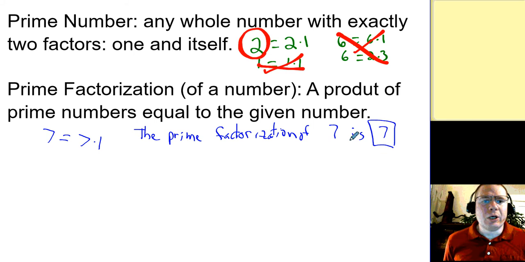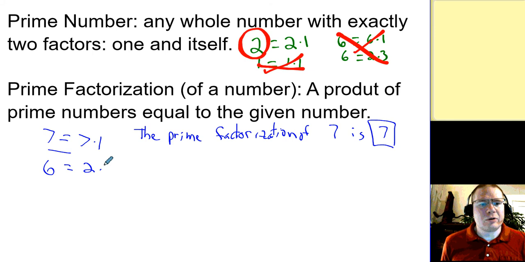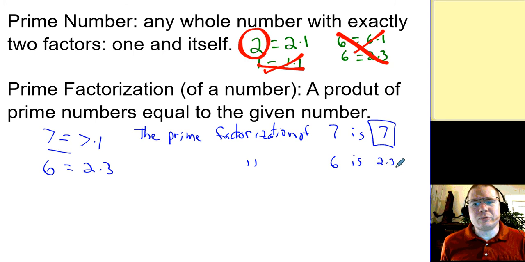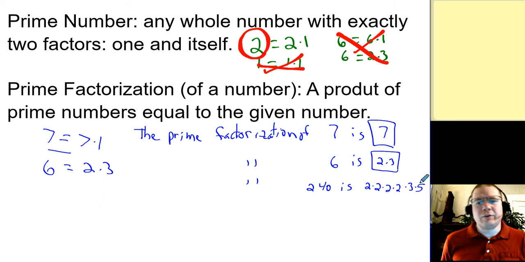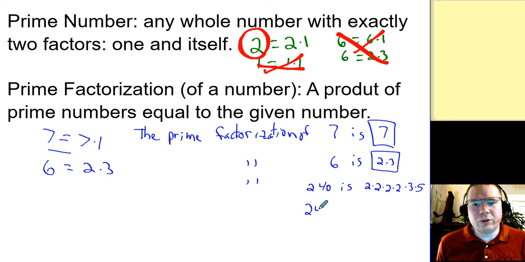But if we have something smaller, such as 6, we can say the prime factorization of 6 is 2 times 3. The prime factorization of 240 is 2 times 2 times 2 times 2 times 3 times 5.